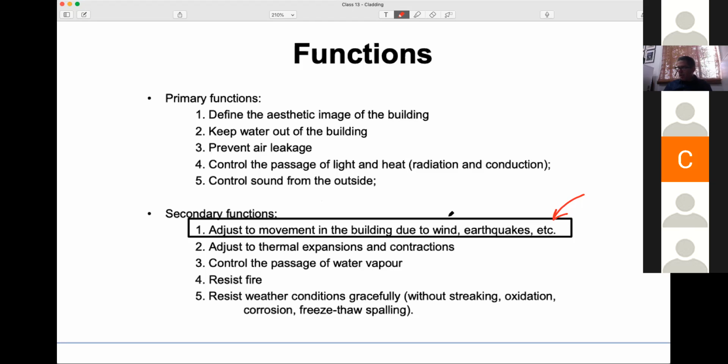But a lot of the things that we will talk about today is that, when these are occurring, we want the structure to be separate, and I'm putting that in quotes, from the cladding.